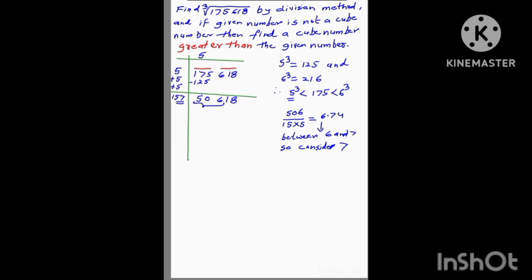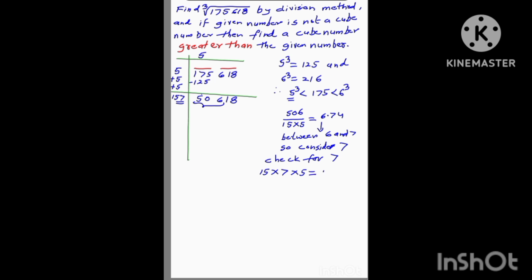number or not. So I am writing 7 there, 157, and I am checking for this 7. You know how to check this, 157 into 7 into 7. Have some practice, then you need not have any doubt.